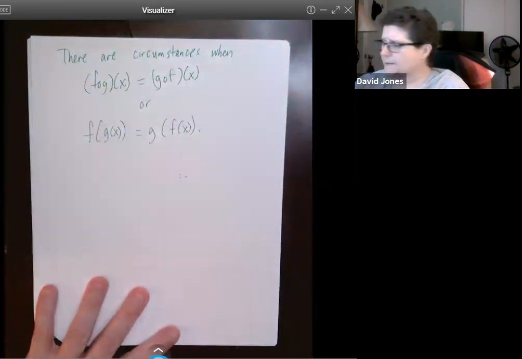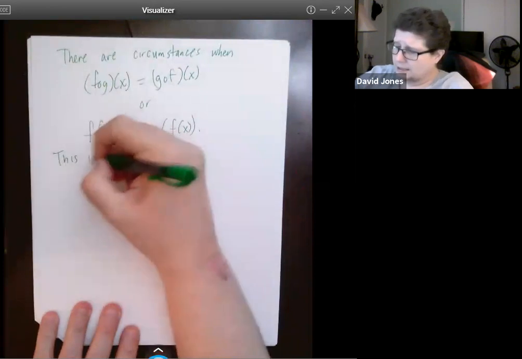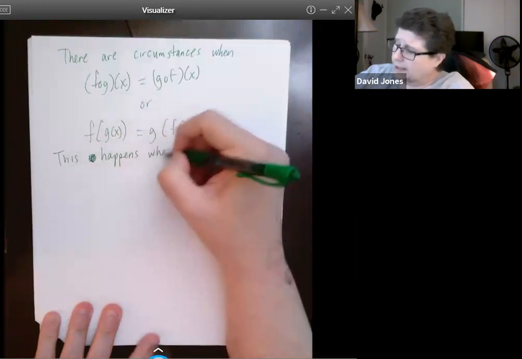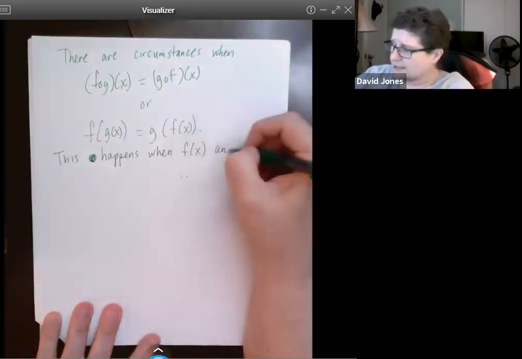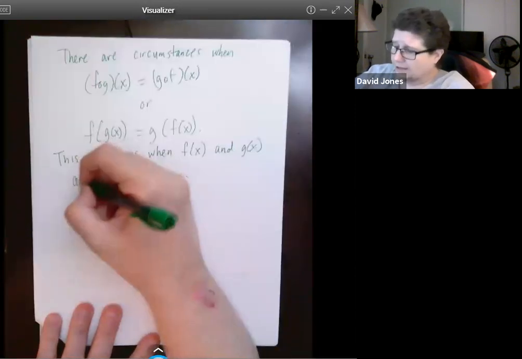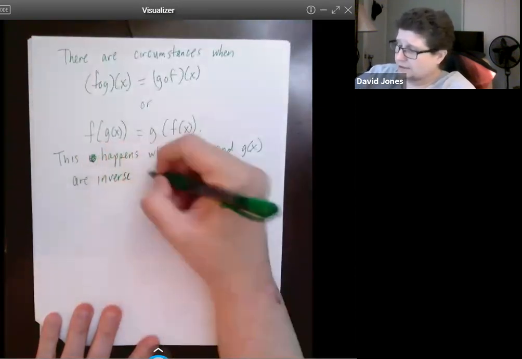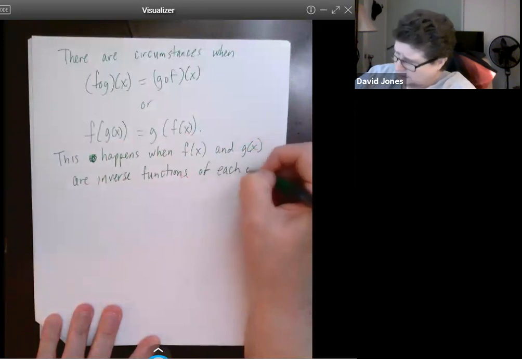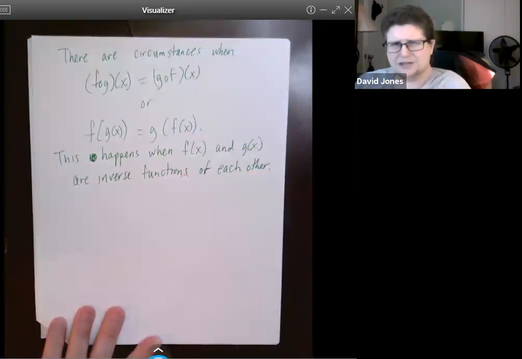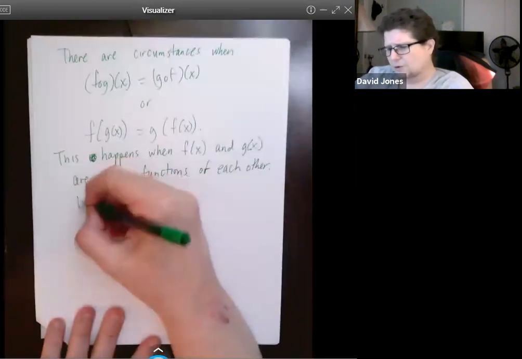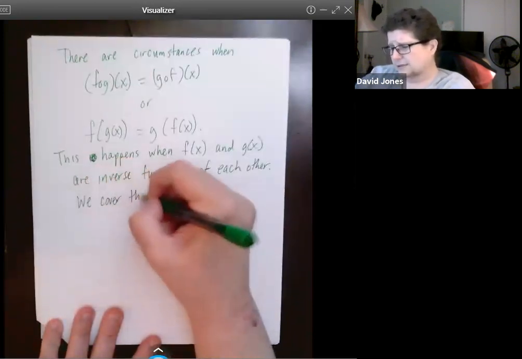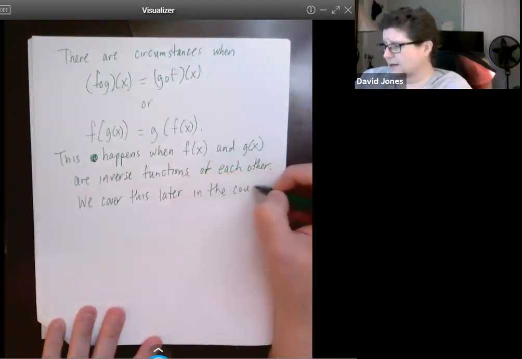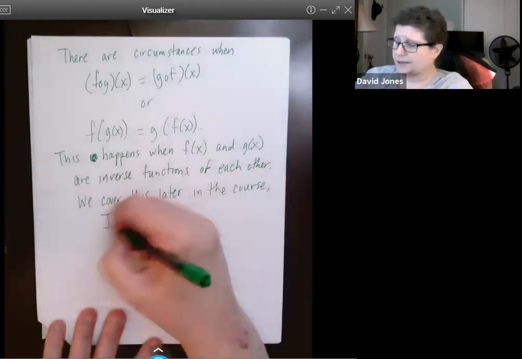This happens when f of x and g of x are inverse functions of each other. I believe we cover this later in the course, inverses, in chapter 3.